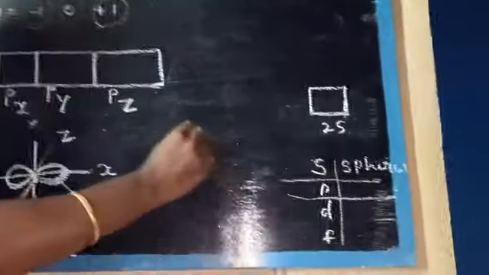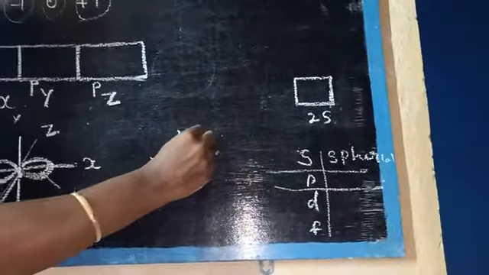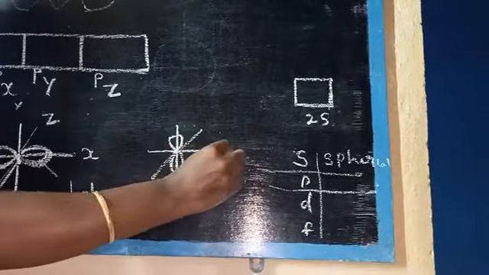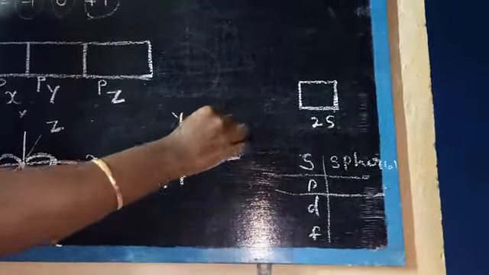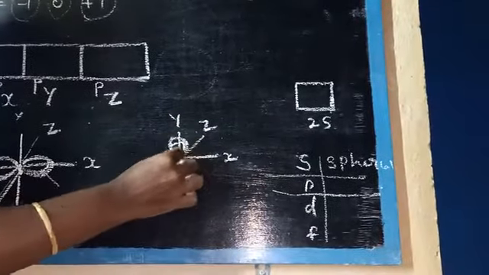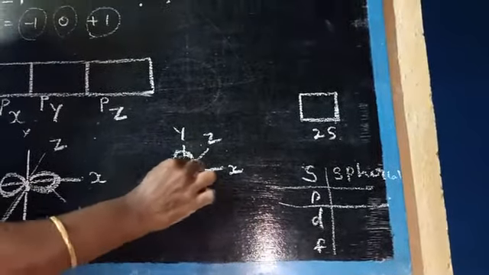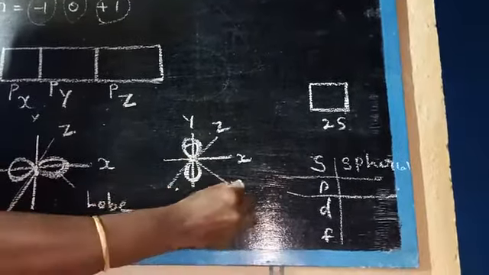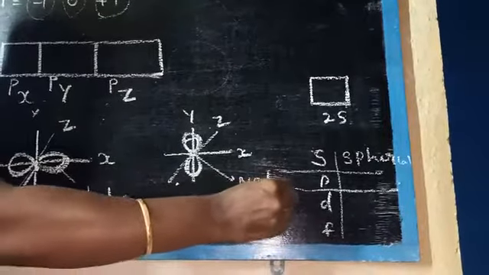In the same way for the py orbital. Now consider this one as py, with x-axis, y, and z. Now the electron is present in the y-axis. This is called a lobe, and this is another lobe. The two lobes meet at a point, called a node or nodal plane.